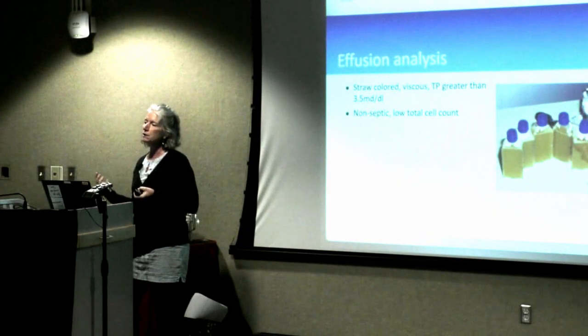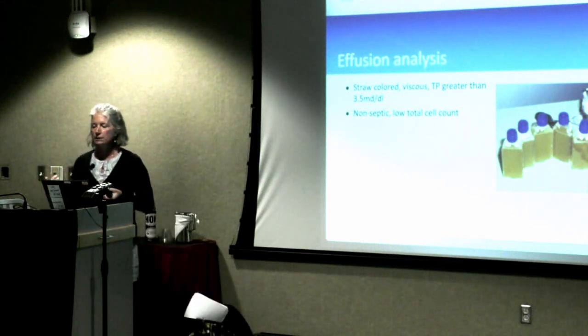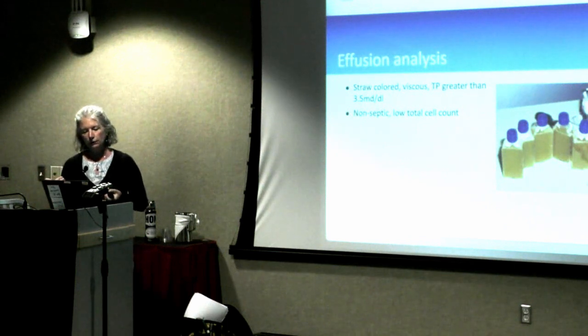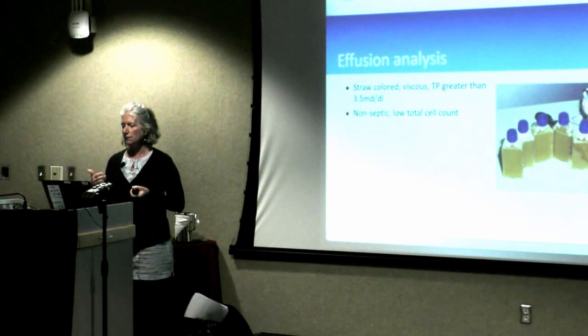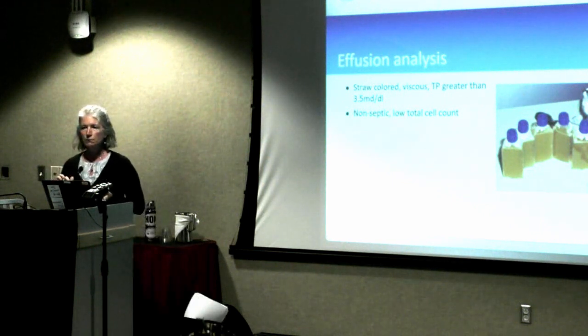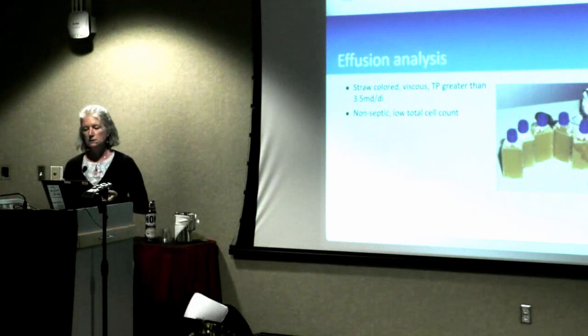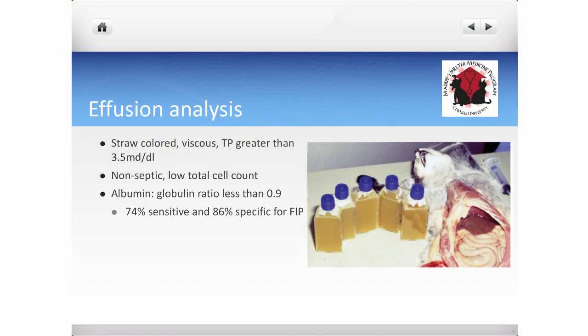So if I've got a peritonitis or something that can also look like this, I'm going to have a lot of white cells in that fluid when I look at it under a microscope. If I have FIP, I have almost no cells. There'll be some scattered lymphocytes, maybe a few macrophages, but it's a completely non-septic, quiet sediment. And so it is important to look at that as well.